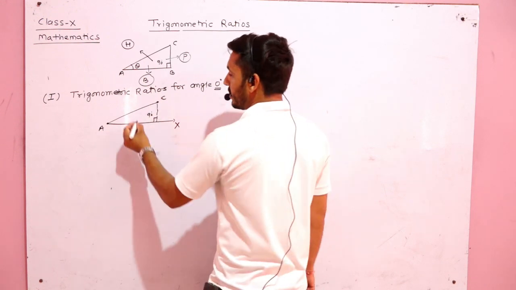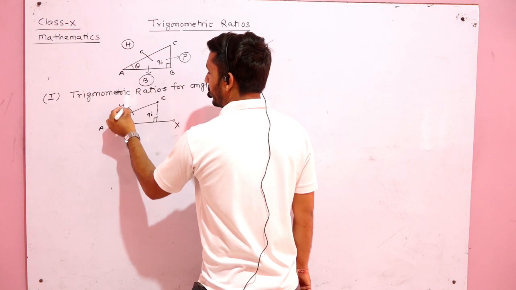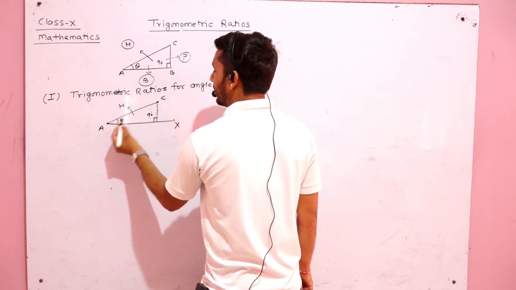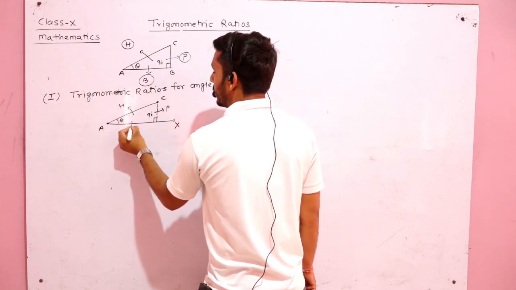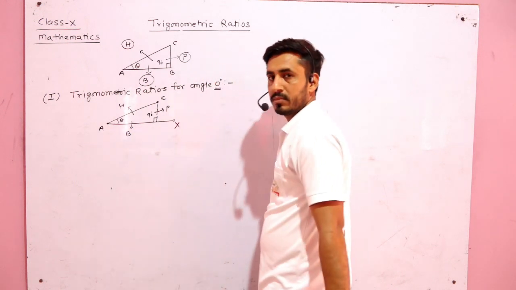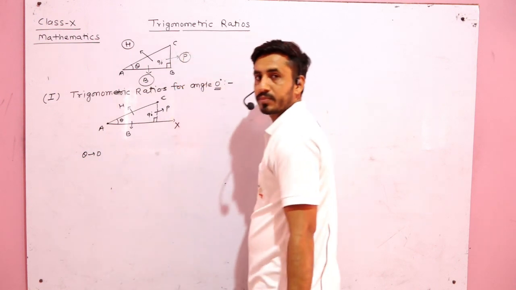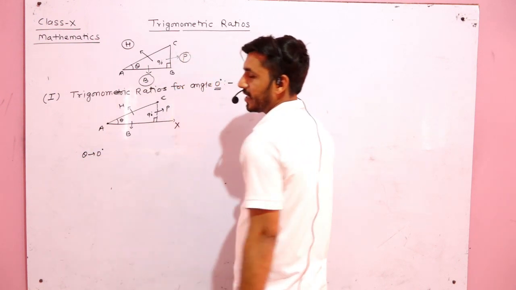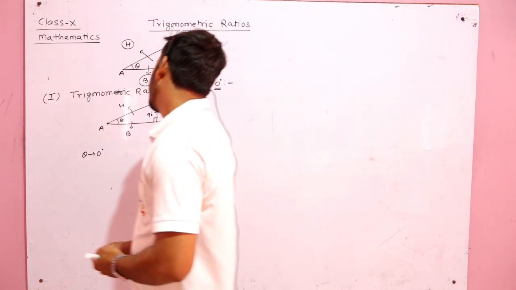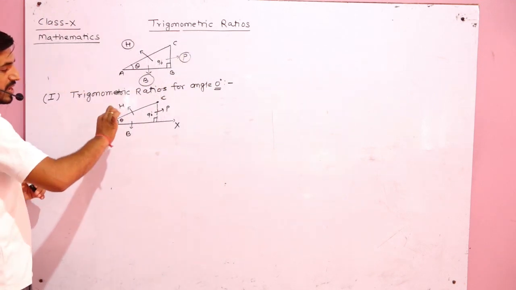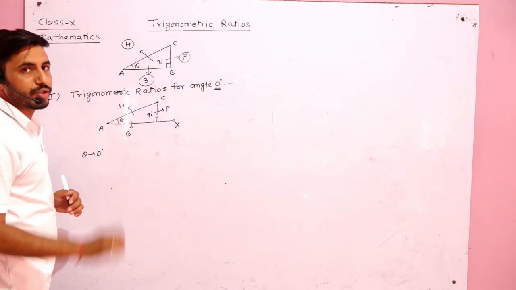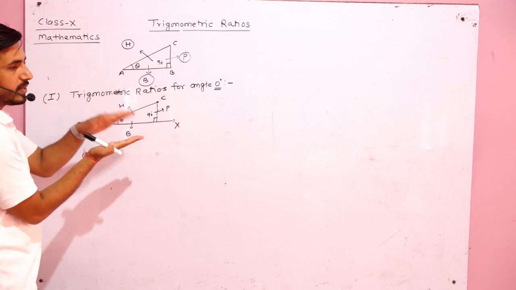In this condition this will be H, for this angle theta this will be P, and this will be B. If I move theta tends to 0, you can see directly what I am doing here. I am just making theta tend to 0, which means this angle will be 0.